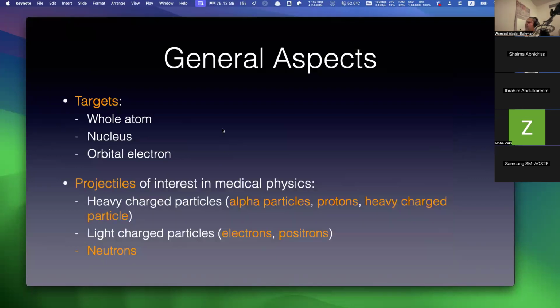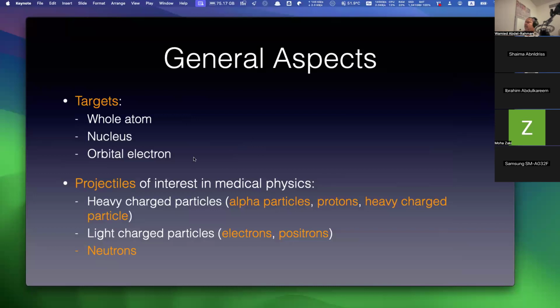So, general aspects: what are the targets usually? The target could be a whole atom, it could be the nucleus of the atom, or it could be orbital electrons in the atom. As for the projectile, in medical physics, we're interested in heavy charged particles, for example alpha particles, protons, and heavier ions, for example carbon ions.